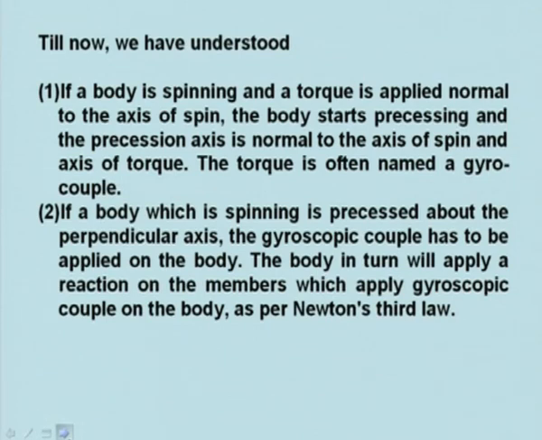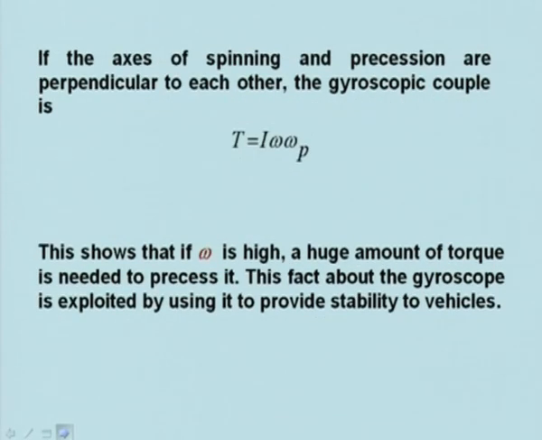If a body which is spinning is precessed about the perpendicular axis, the gyroscopic couple has to be applied on the body. The body in turn will apply a reaction on the members which apply the gyroscopic couple, as per Newton's third law. These things have to be kept in mind.